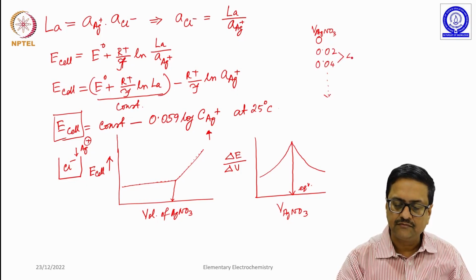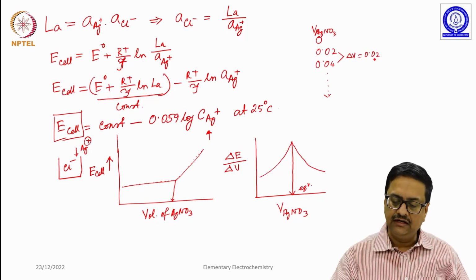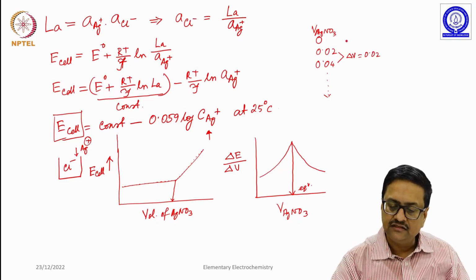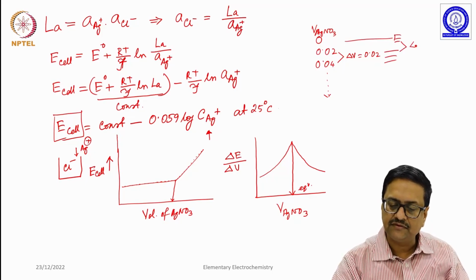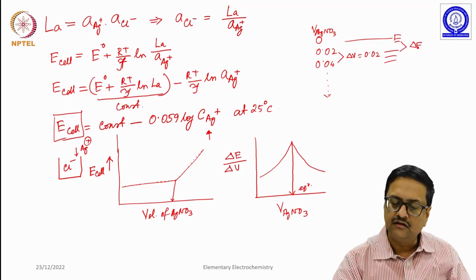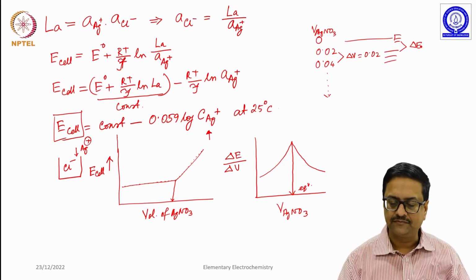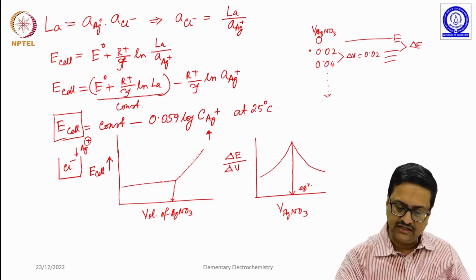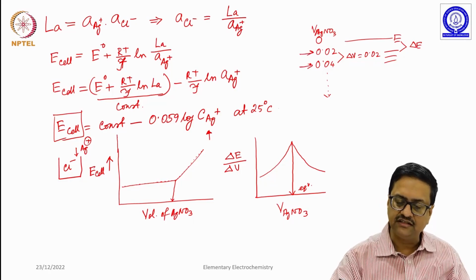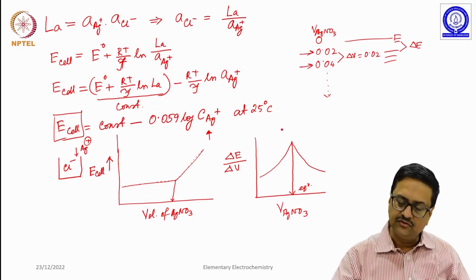So, delta V is 0.02, and this delta E is the EMF measured for each of those values. So, delta E is the difference in EMF. So, this delta E by delta V is plotted against these values V to get this kind of plot.